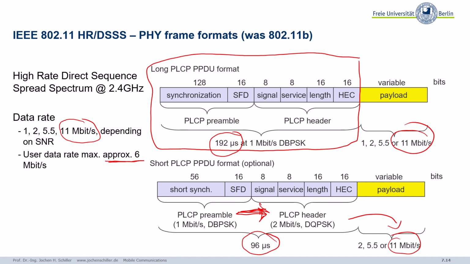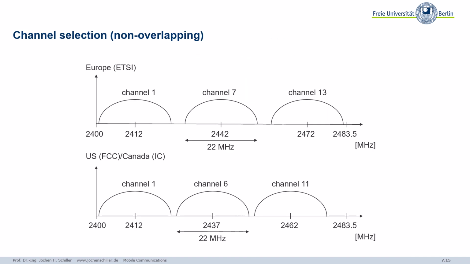At that time, also many users had to look at channels. Channels are quite important because you or the devices are responsible for picking a channel. There are some differences between, for example, Europe, US, Canada, when it comes to the channels you can use. Those systems operate in the range of 2.4 gigahertz.